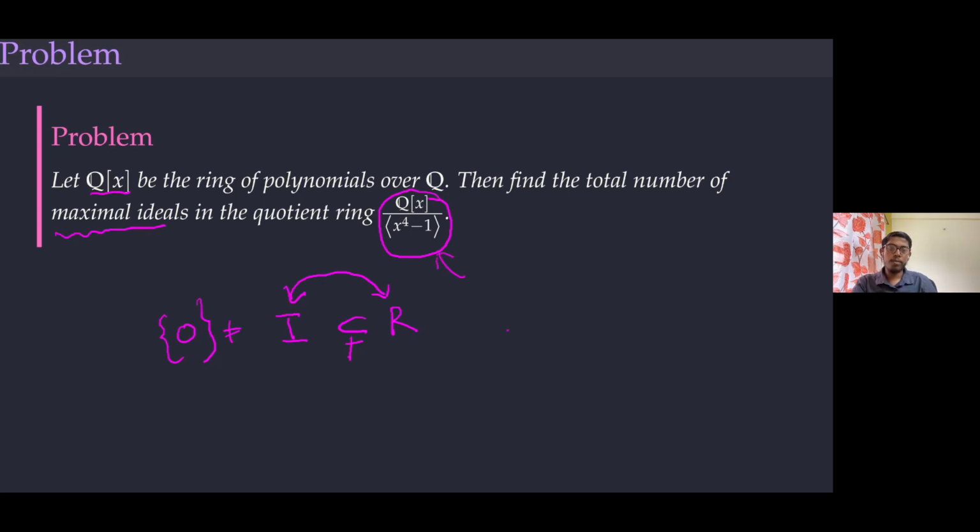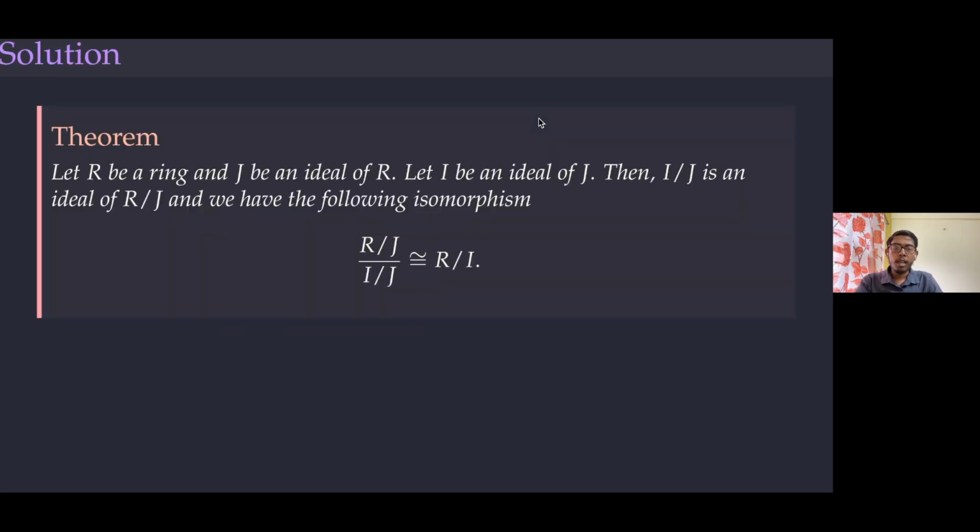Okay, so the following theorem helps you to determine what the ideals are in the quotient ring. It is the third isomorphism theorem.